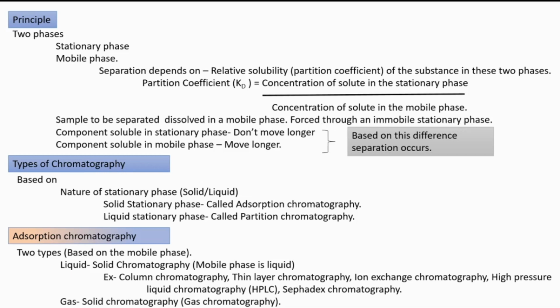Think about those that are more soluble in the stationary phase. What is happening to those substances? Substances that have more solubility in the stationary phase, as they have more solubility in the very beginning itself, may stick to the stationary phase and will not move much longer in that column.